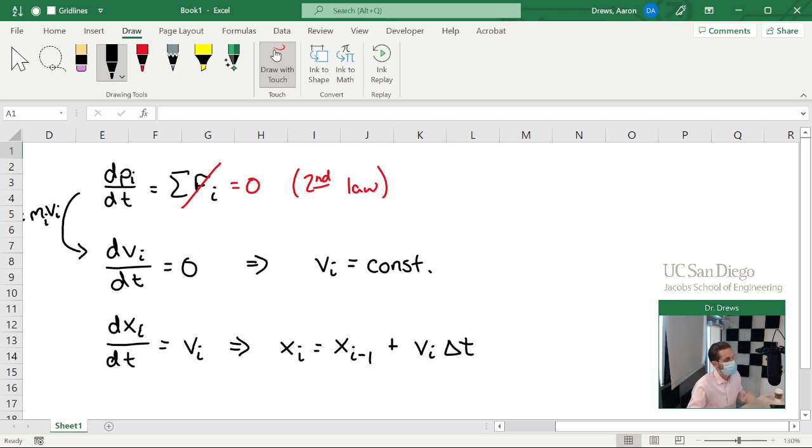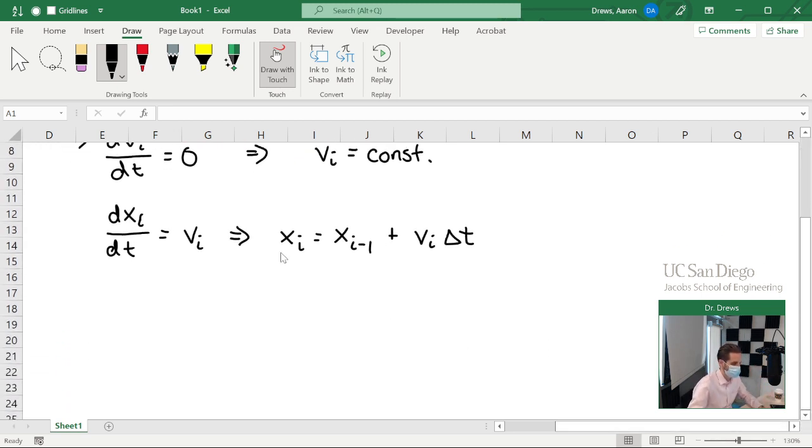So however much time elapsed times the rate at which you are moving plus your old position is your new position. This should look similar to our random walk because what this is saying is the new position is equal to the old position plus a change term.